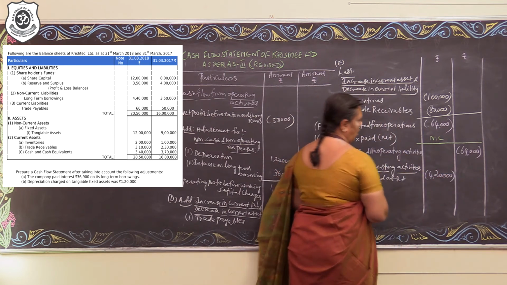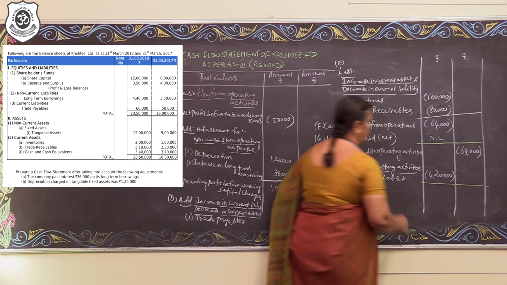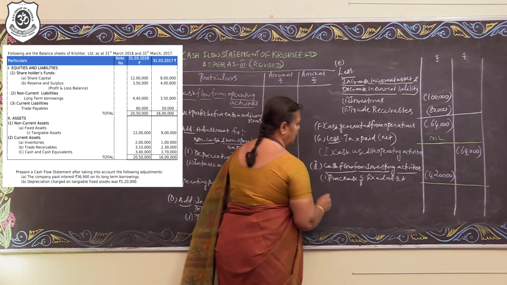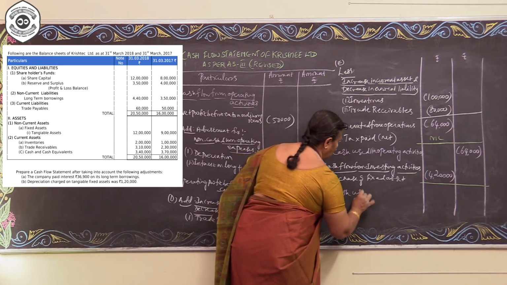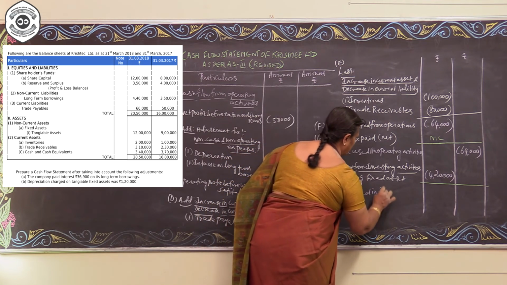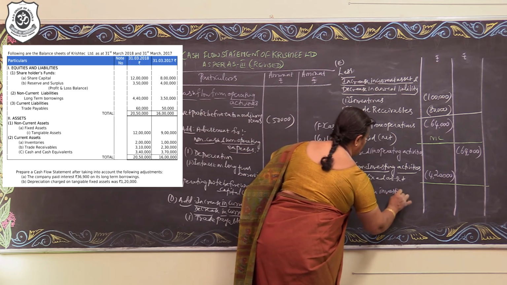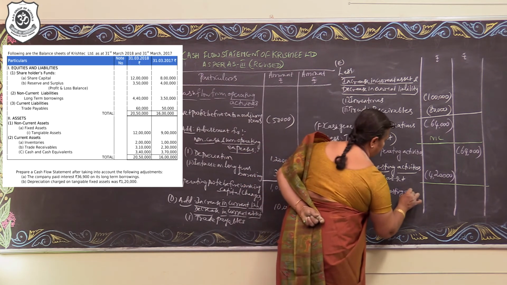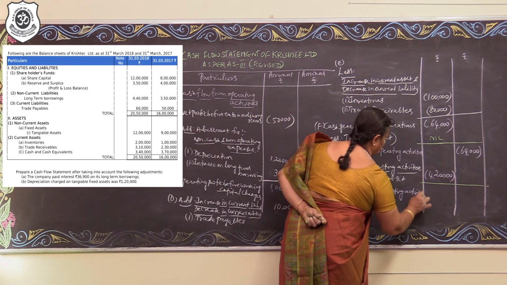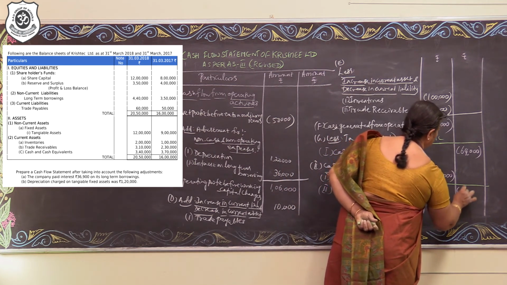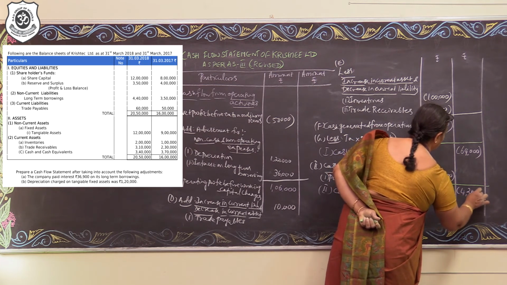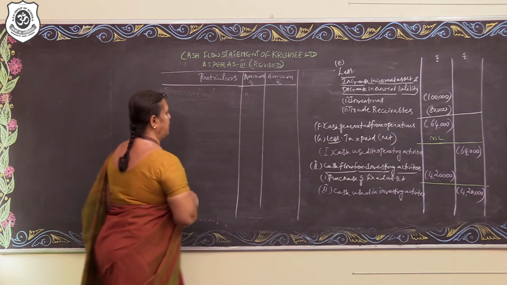There is no other inflow or outflow. Therefore, Roman letter 2, cash used in investing activities. Cash used in investing activities is 4,20,000.